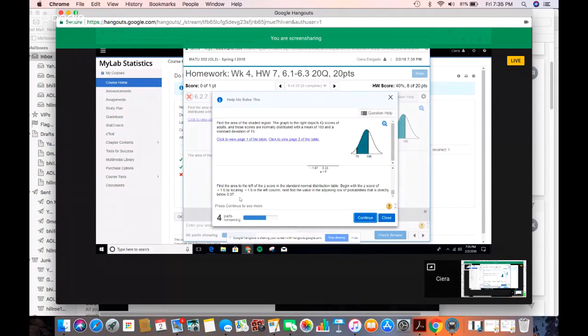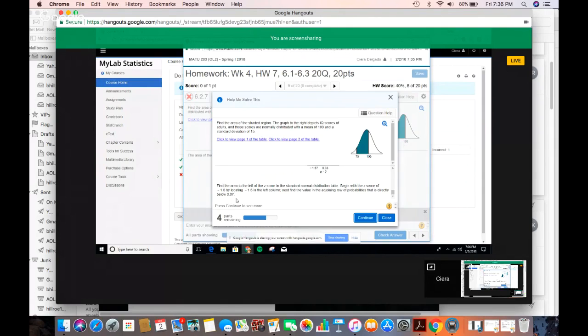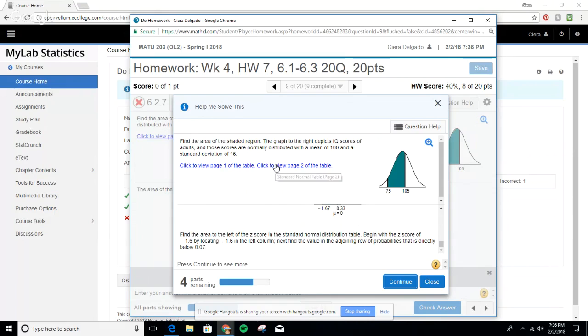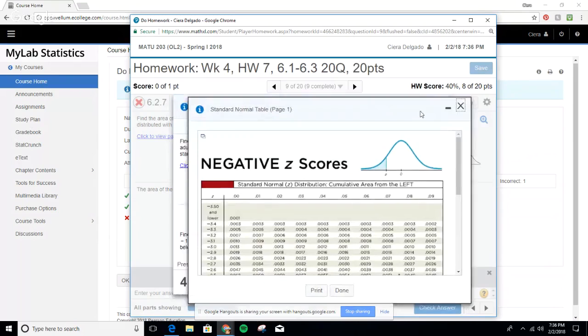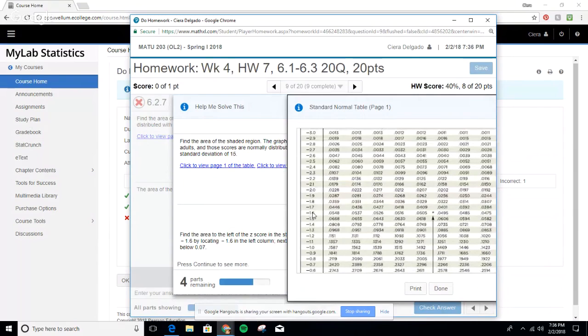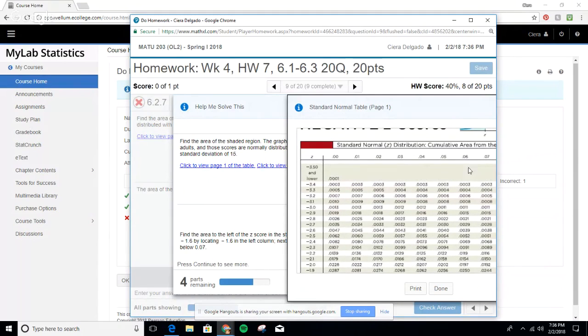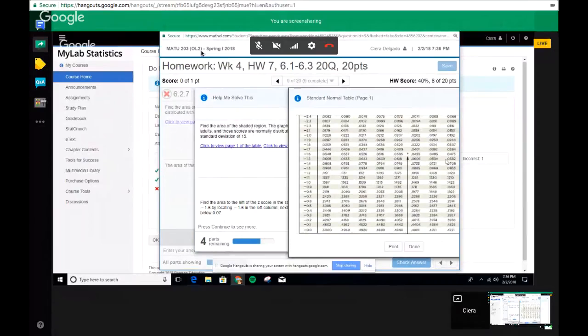Begin with the z-score of 1.6 by locating 1.6 in the left column. Next, find the value in the adjoining row of probabilities that is directly below 0.07. So let's pull up the z table. That's a negative one, so we'll pull up this one. 1.6 here, and it says under 0.07, but it's a positive 0.07, not a negative 0.07.